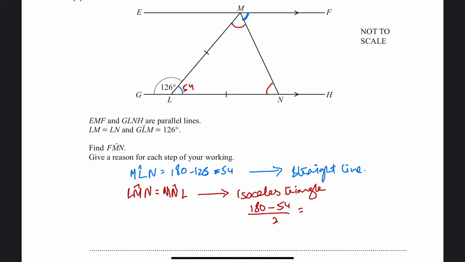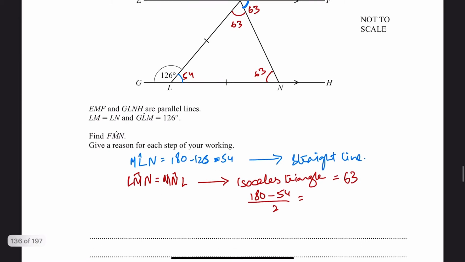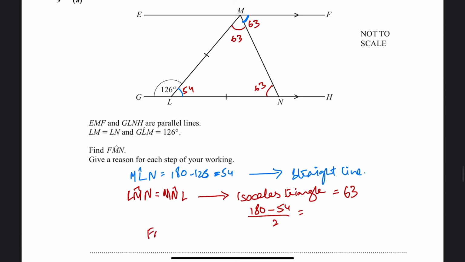That should give me this angle. So this is 63, this is 63, therefore this should also be 63, because FMN and LNM are alternate angles between parallel lines.